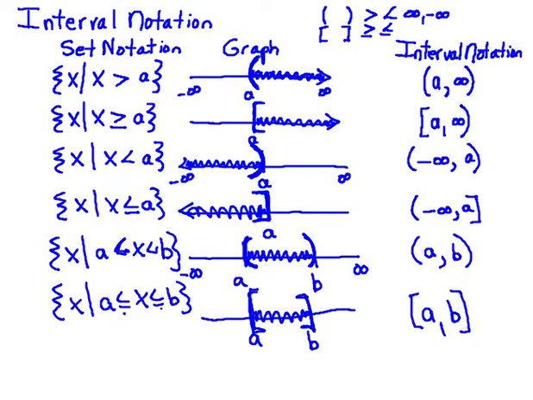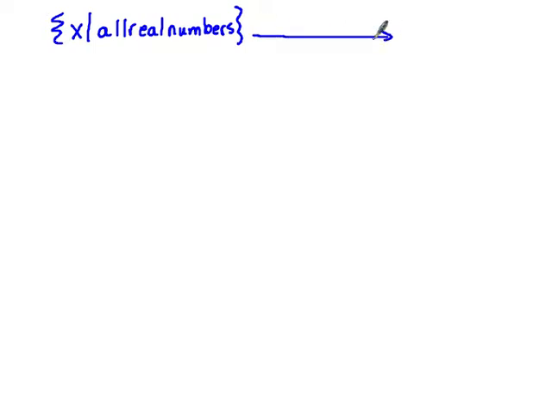All right, now, the next thing I just want to talk to you about, because one of the problems that we deal with later is one such that you get an answer that it's all real numbers. So the graph of that, if I had an A or a B in it, it doesn't really matter.